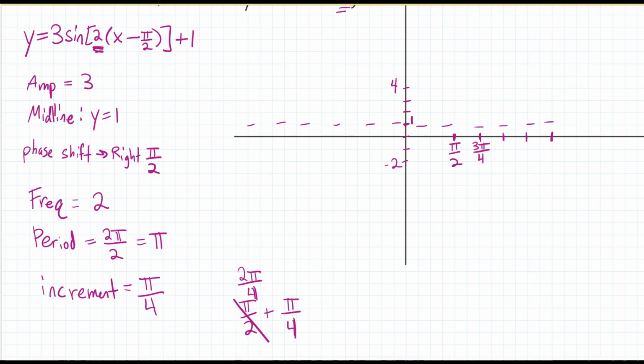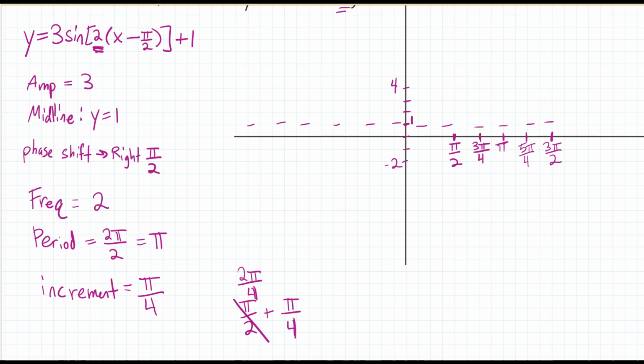If I add another pi over 4 to that, I would end up at 4 pi over 4, or I could reduce that to just pi. And then if I add another pi over 4, think about pi as 4 pi over 4, plus another one would be at 5 pi over 4, and then at 6 pi over 4, or 3 pi over 2 if I reduce it. So that's the setup.